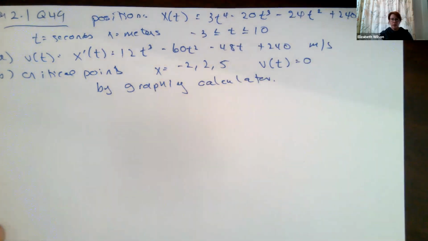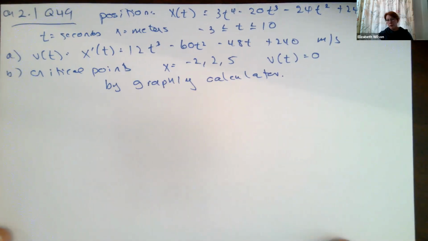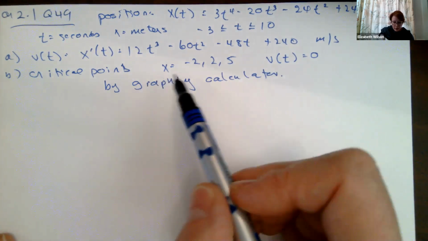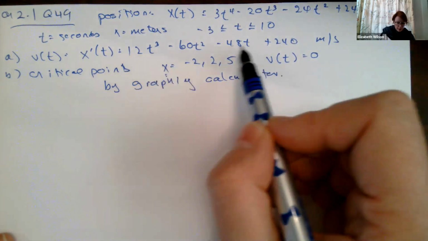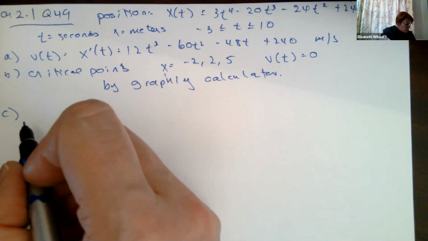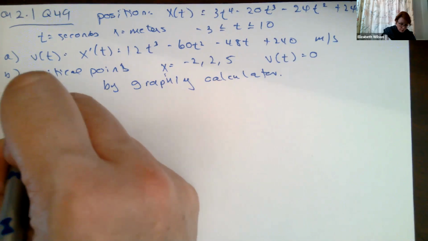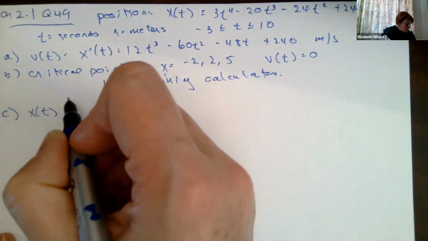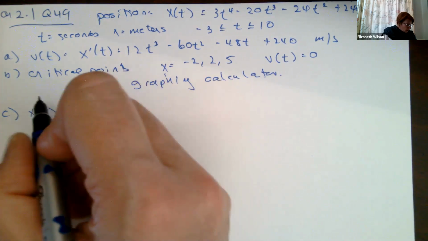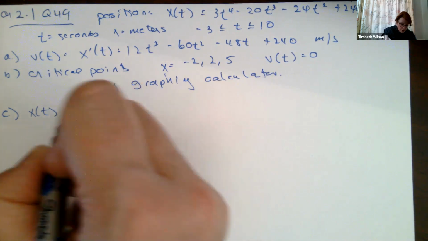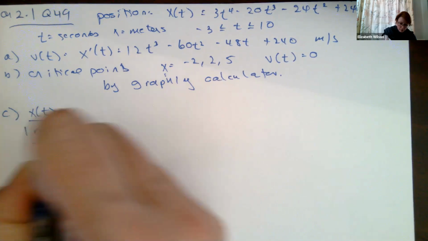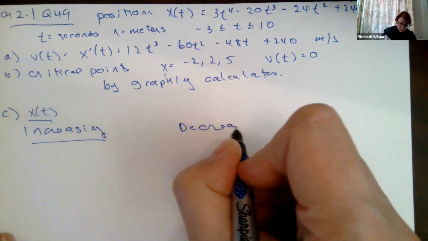At this point we're not checking your algebra. We only worry about your algebra if you do it wrong and then get the wrong answer, which is painful if you do all the calculus right. So for our critical points, don't worry about factoring that. Part C, we wanted to know where x of t was decreasing, so increasing and decreasing.